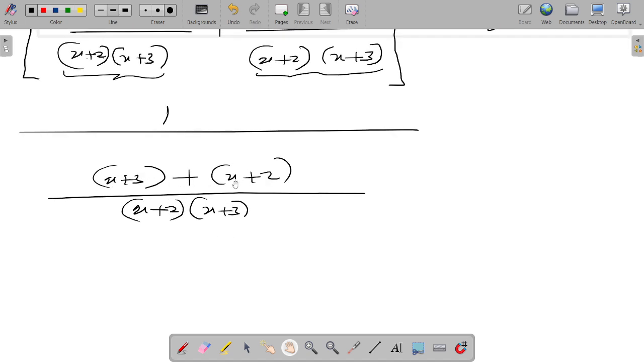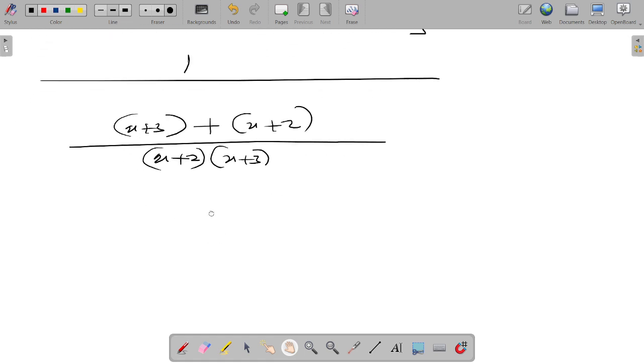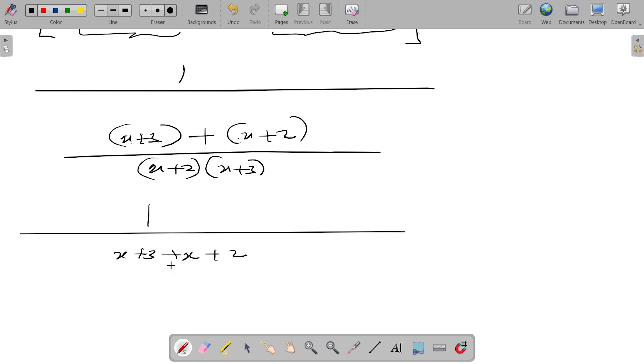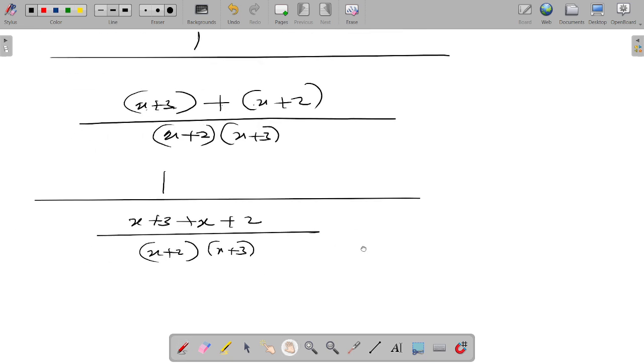We just need to add these expressions together, these two brackets. So if I have these two together, which is 1 divided by, this is x plus 2, x plus 3 plus x plus 2, x plus 3. So I'm trying to open up the bracket. Plus times x is plus x, and then plus times plus 2 is positive 2, then divided by x plus 2, and then I have x plus 3.